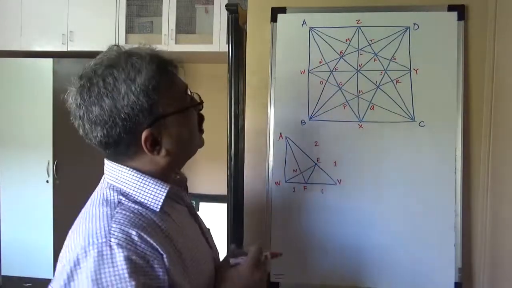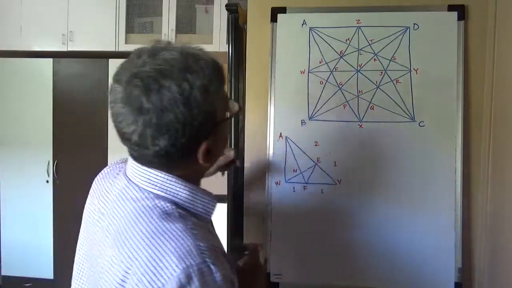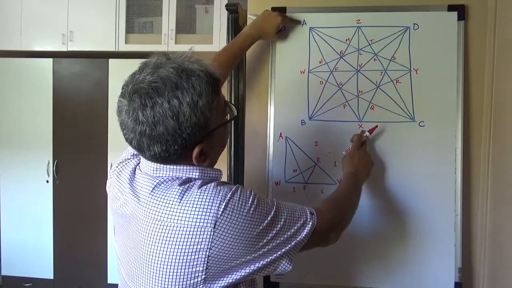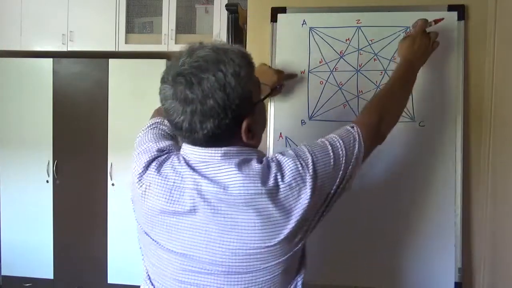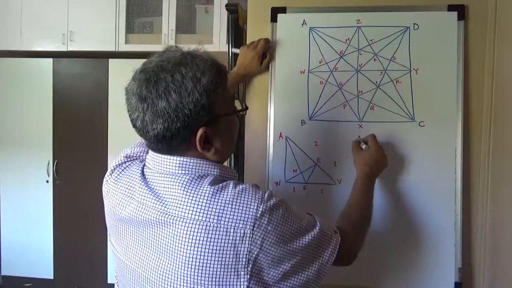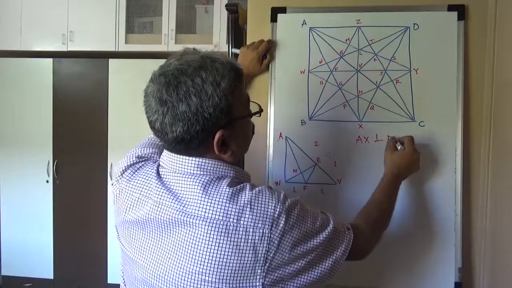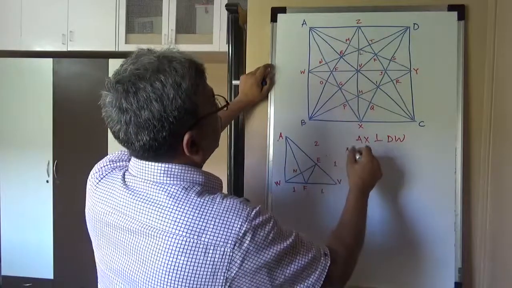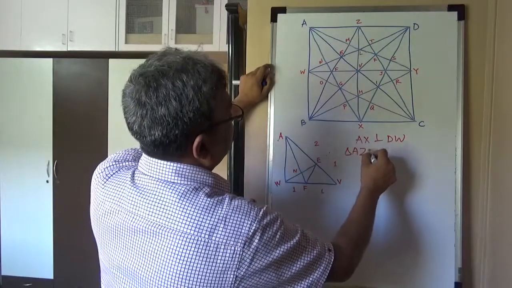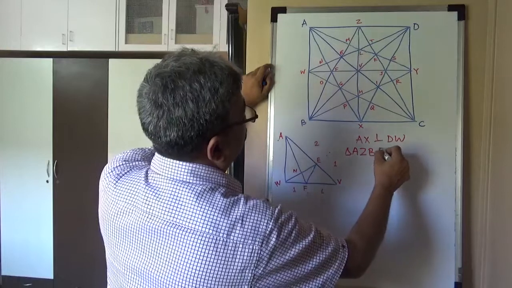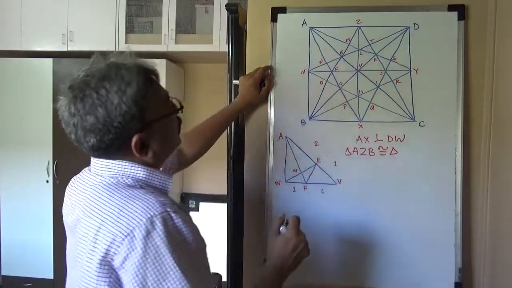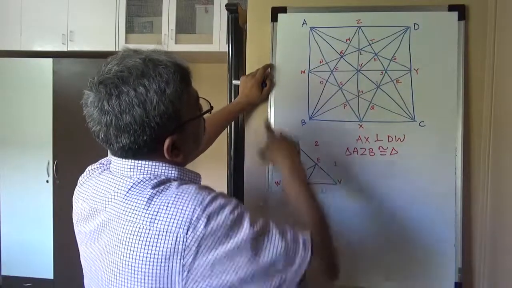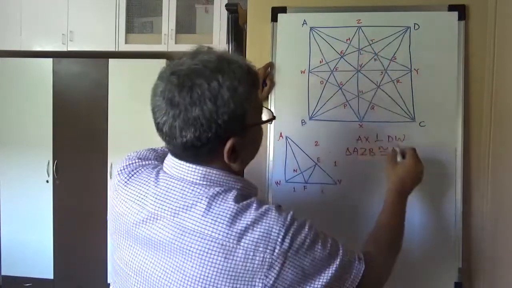Now one more thing that we will need to prove is that the line AX is perpendicular to line DW. Why do we do that? Consider triangle AZB, which is congruent with triangle AWD.